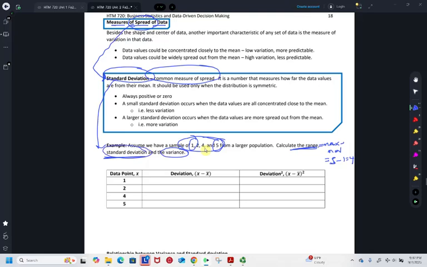To compute the standard deviation, we need to compute a measure of center, namely the mean, which we'll denote as x bar. So that will be computed by adding 1 plus 2 plus 4 plus 5 divided by 4. So that will be 12 over 4, that's equal to 3. So 3 is the kind of center value for all of these values.